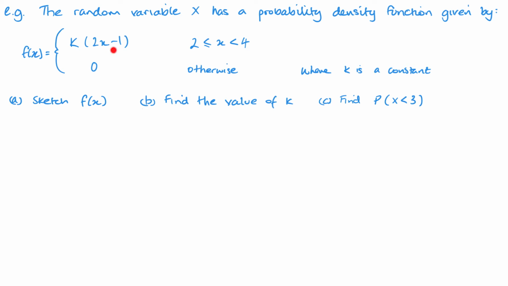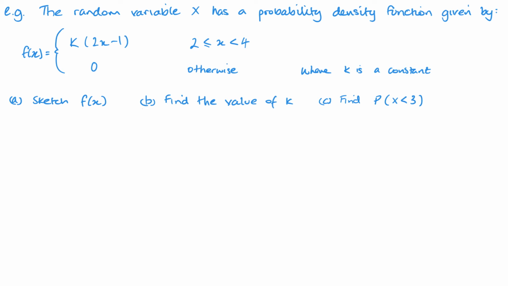So we use this to state what our probability density function is. So it's this function, but only between these values. Outside of this function, where we got 0, means there's no probability. Okay, so that's quite important. And this is the standard setup for when we're describing a PDF.